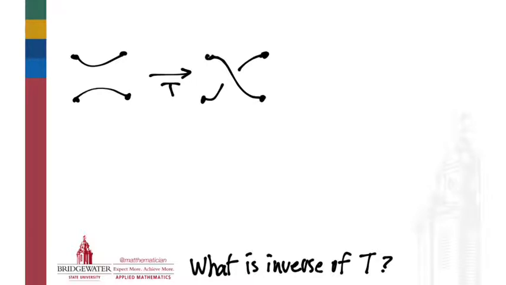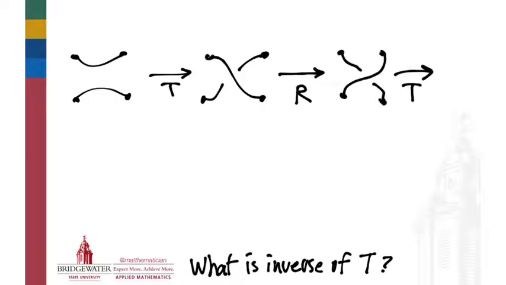One way to untwist this would be to rotate, and that's going to be this, and then do one more twist. And so we know that starting from an empty tangle, RT is the inverse of T.